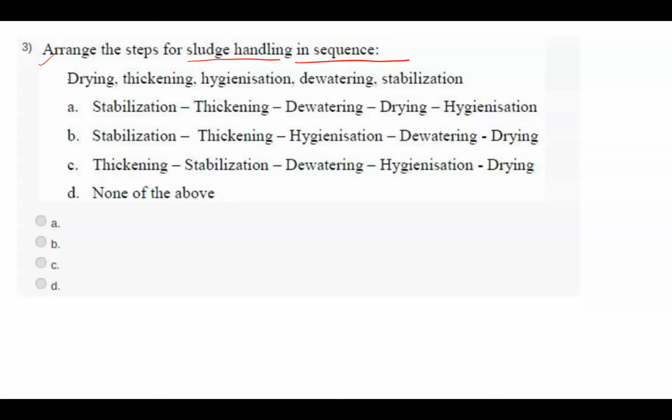The processes are drying, thickening, hygienization, dewatering, and stabilization. We have to arrange all these processes in a sequence from starting to the ending. You can see these options here, and anyone can answer. You have to start from the initial to final.